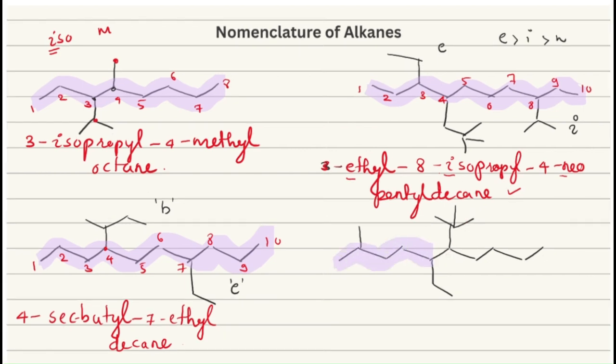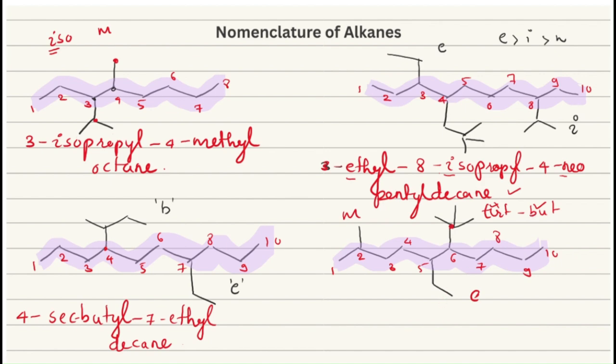Choose the longest chain of carbons and then number it. I would prefer numbering from here because you see there are more substituents. Again there are 10 carbons, so it's a decane. But what are the substituents? Methyl, and this is tertiary butyl. The T is the one which you have to ignore, and consider only the butyl B, and then ethyl.